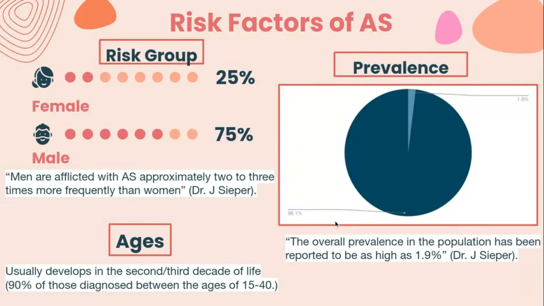And then the overall prevalence in the population has been reported to be as high as 1.9%. And then for ages, people usually develop this autoimmune disease in the second or third decade of life, and 90% of those diagnosed are between the ages of 15 and 40.